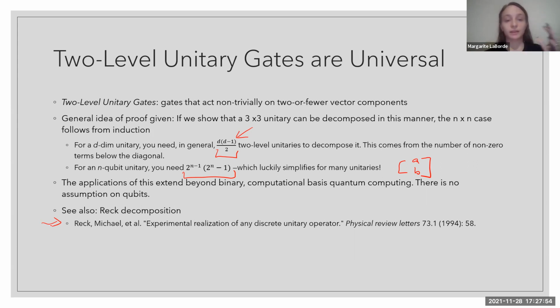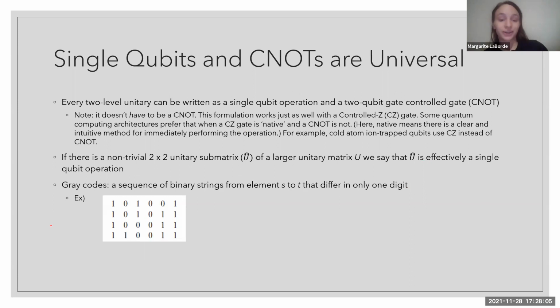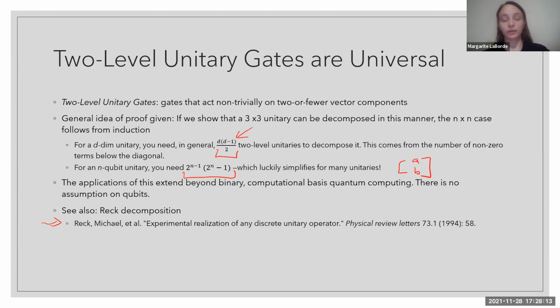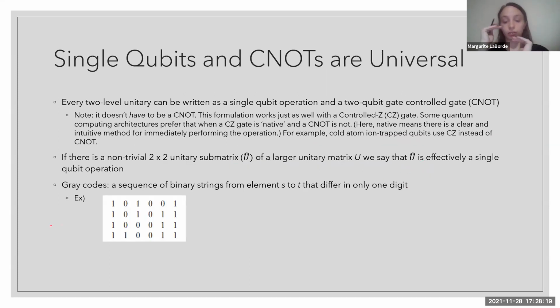The next thing that you do is, okay, so I said that this doesn't necessarily restrict to the quantum computational basis that we're familiar with. Now we're going to restrict to that. So this next part only holds for qubits, obviously, but you can now take your two-level unitary decomposition, and you can say, okay, well, I have something that's acting on 2 qubits, and I can generalize any action on 2 qubits into single qubit operations and some 2-qubit controlled gate, which is typically taken to be the CNOT.